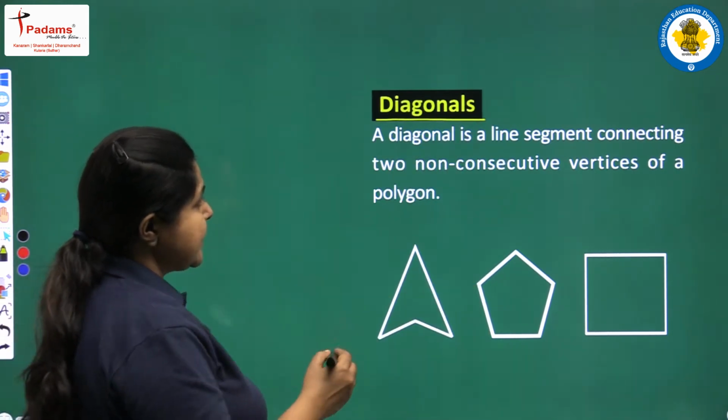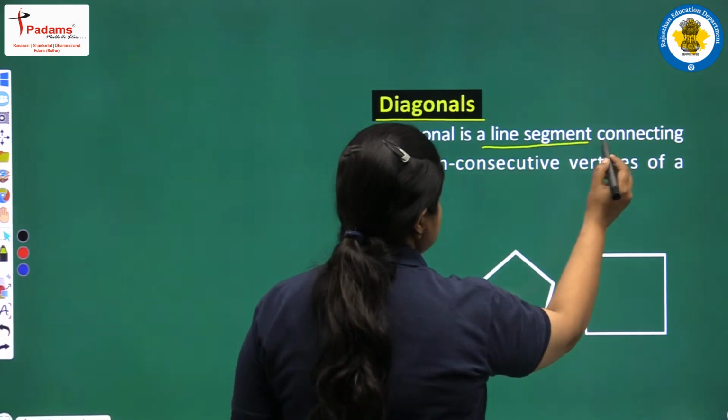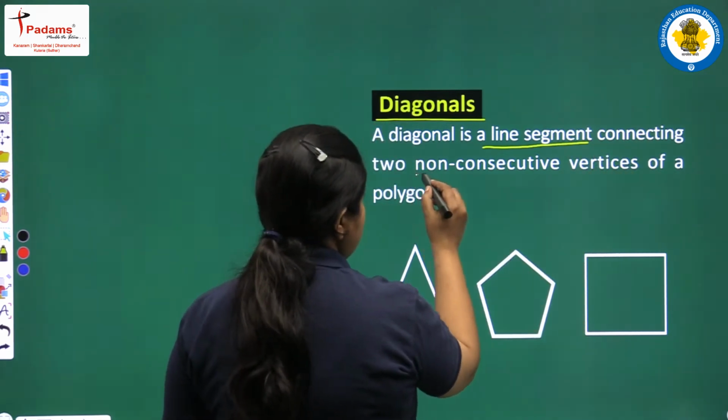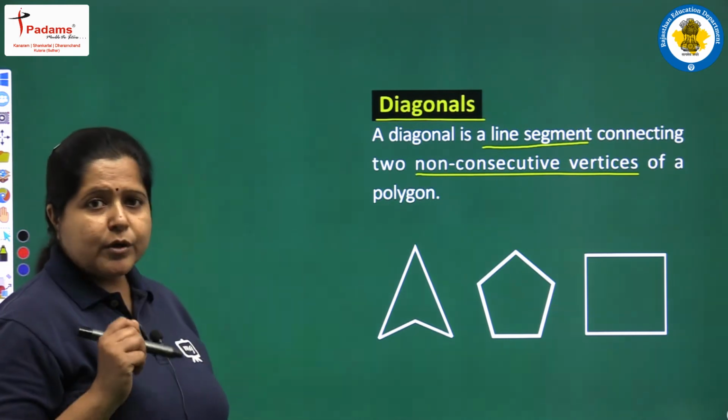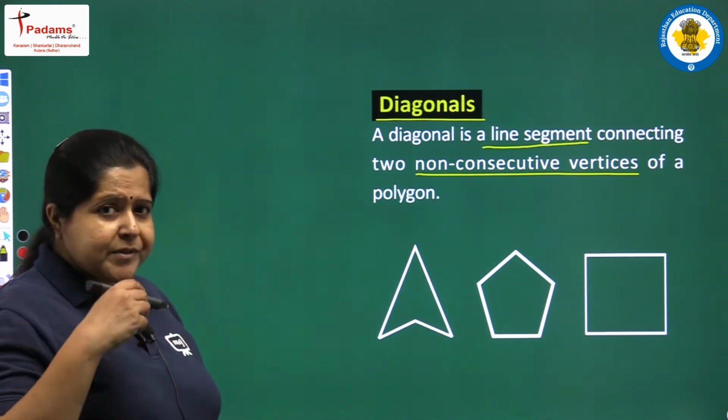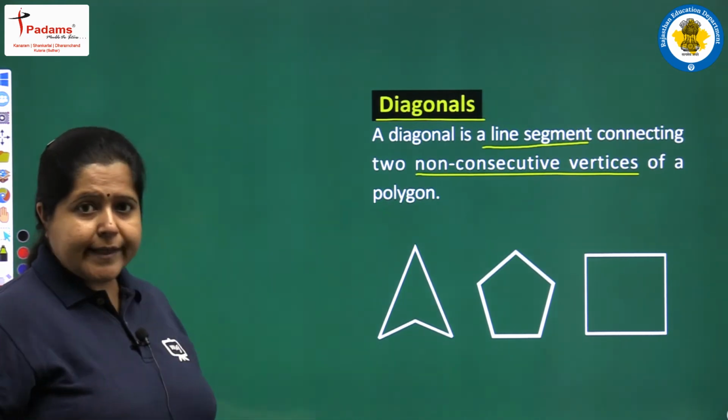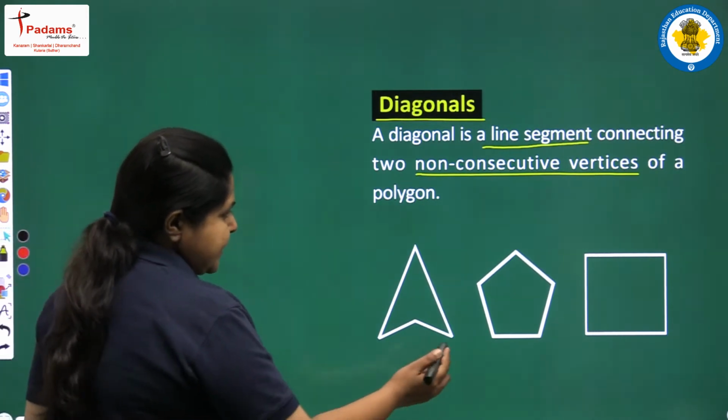A diagonal is a line segment joining or connecting two non-consecutive vertices of a polygon. Non-consecutive means the opposite vertices, not the next one. Let us take this figure.